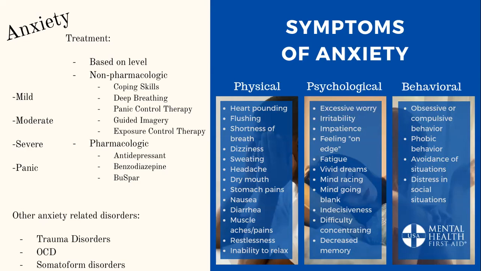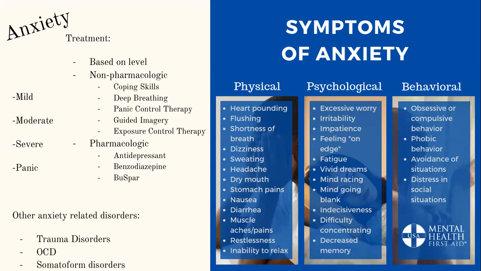These medications are often very addictive, so they are only used as PRN for panic related incidences. If you have a patient that has severe anxiety or panic, but has substance abuse issues or doesn't want to take benzodiazepines, we can give them BuSpar, although BuSpar doesn't work as quickly as a benzodiazepine.